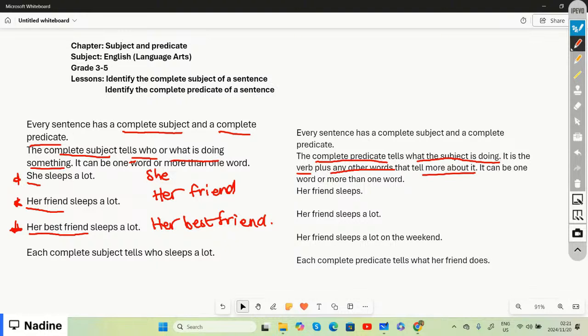Remember, we said that we need to select the completed predicate, and it tells us what the subject is doing. It can be one word or more than one word. It tells us what the subject is doing, and like we said, it is the verb plus any other words.